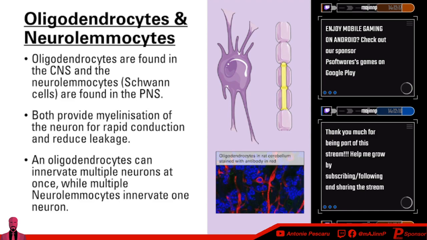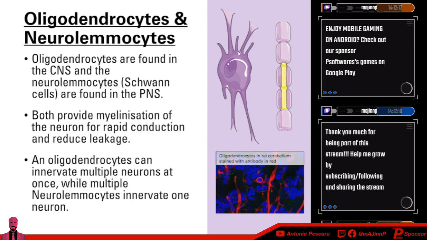They're going to wrap around certain parts of the neuron to provide rapid conduction and reduce leakage of the protein channels, right? Because you want rapid conduction, right?